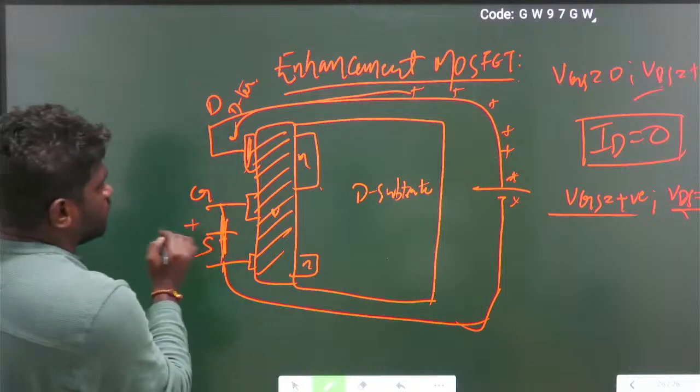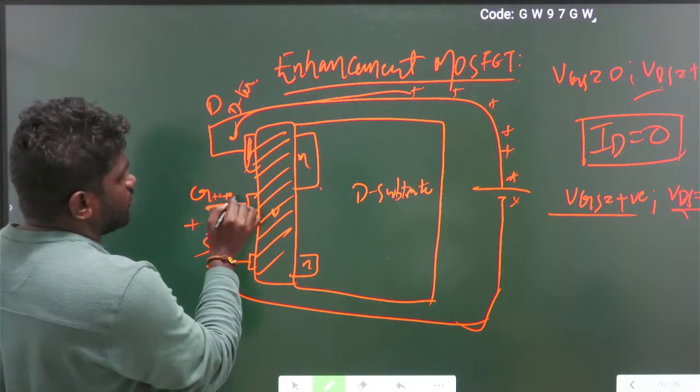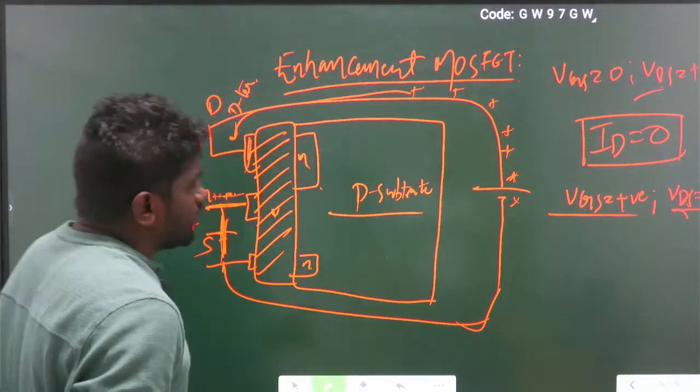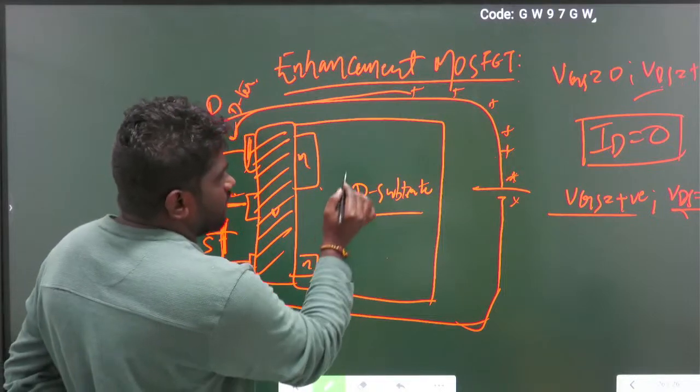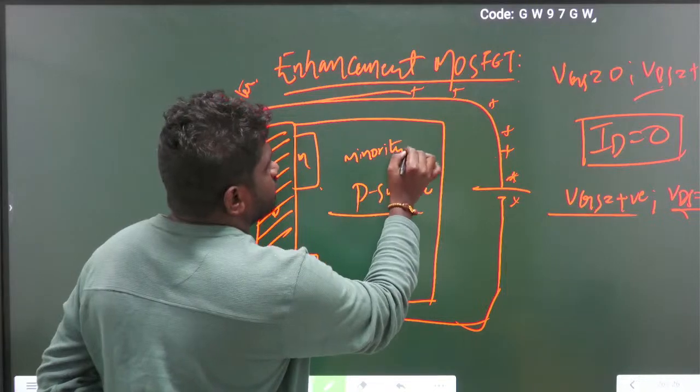Now gate is positive. It means on the gate terminal I have some positive charge. We have a P substrate. In this P substrate there are some minority carriers.